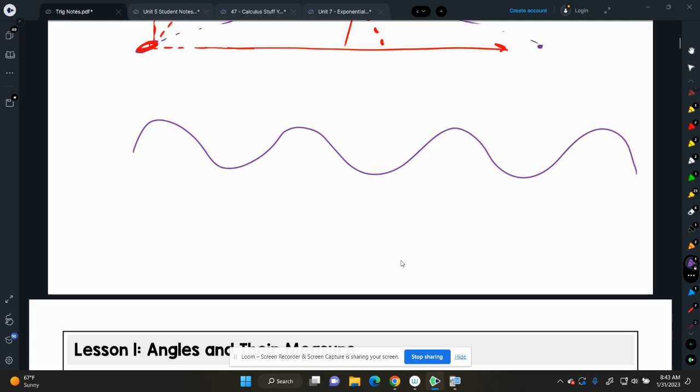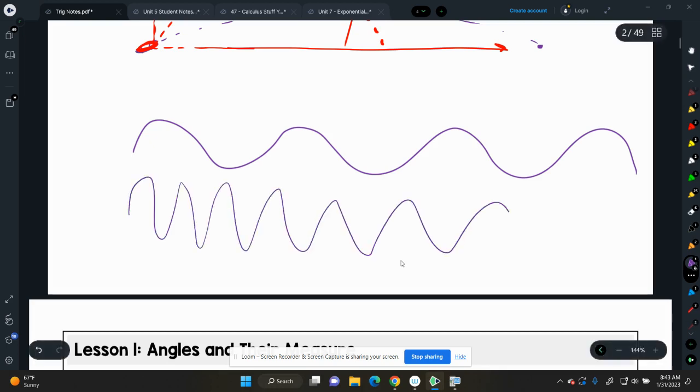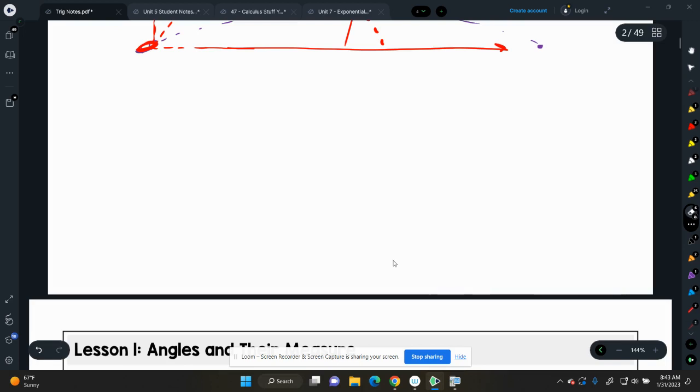You ever had the unfortunate task of sitting in a hospital room and watching a loved one on a monitor? And what's it doing? It's going, hopefully pretty steady. That's a sinusoidal wave. That's trigonometry. So there's tons of trigonometry in the real world.